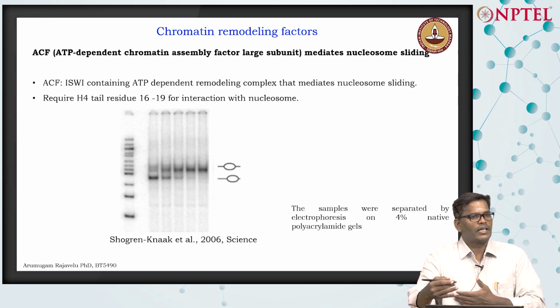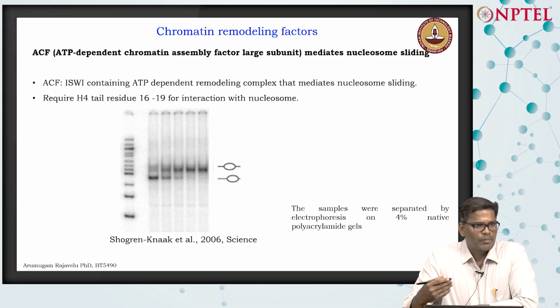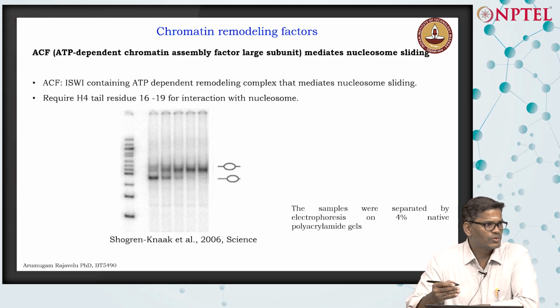Right. So I explained this schematically, but how did people conclude this experimentally? These were all theories, hypotheses initially, but you should always have solid experimental data to confirm that yes, the complexes do sliding.